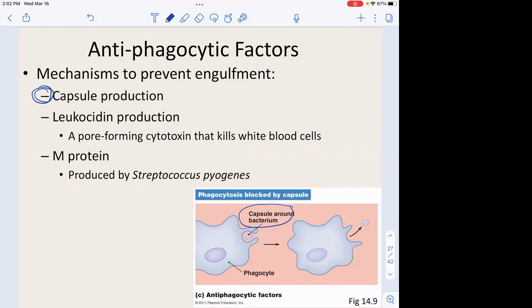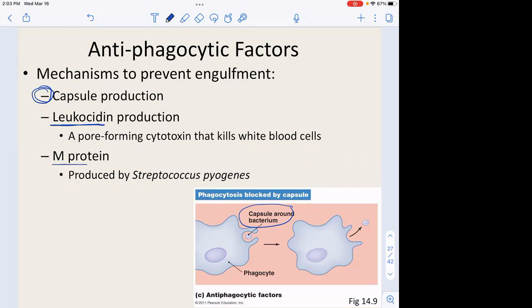We have ways to deal with an encapsulated bacteria that we'll get to pretty soon, but that's one mechanism that can help the bacteria survive for at least a time. Some bacteria can produce leukocidins. That's a kind of cytotoxin that will form pores in the white blood cell. So it's kind of the bacteria going on the offense and trying to kill that white blood cell.